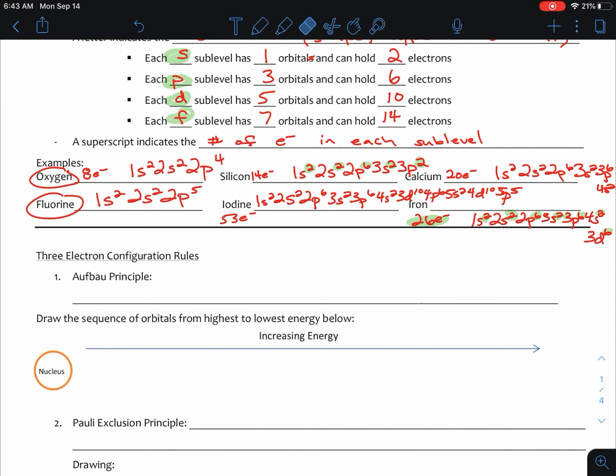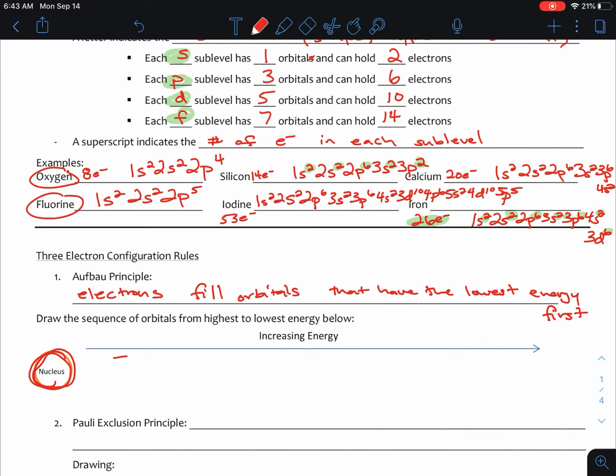The Aufbau principle basically states that electrons fill orbitals that have the lowest energy first.